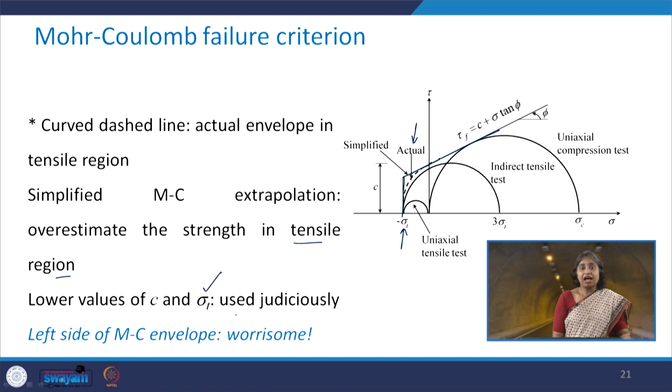These have to be used judiciously, and that is the reason the left hand side of the Mohr-Coulomb envelope, that is the tensile zone, is always worrisome. So, we need to use our engineering judgment if we are using this extrapolation of the Mohr-Coulomb failure criterion in the tensile zone.